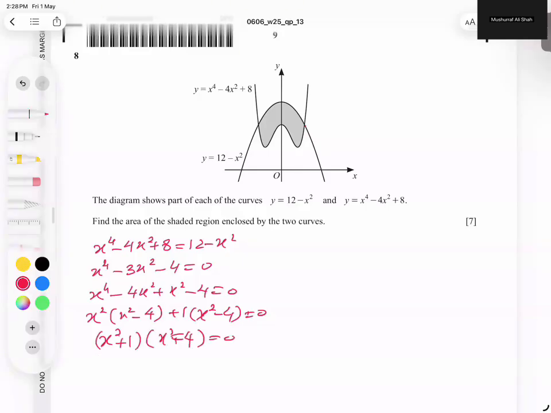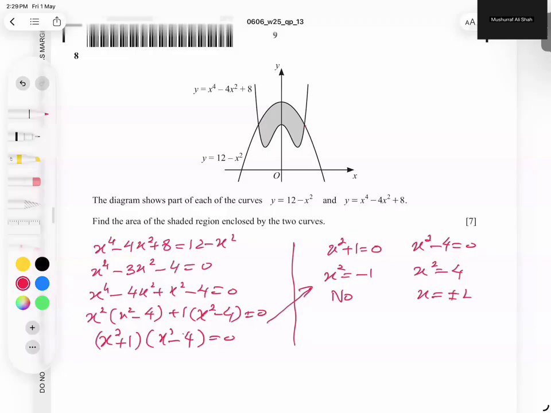So either x squared plus 1 is equal to 0, or x squared minus 4 is equal to 0. X squared equals negative 1 gives no real solution, and x squared is equal to 4 gives two answers, plus and minus 2. So if you look carefully, this is positive 2 and this is negative 2.